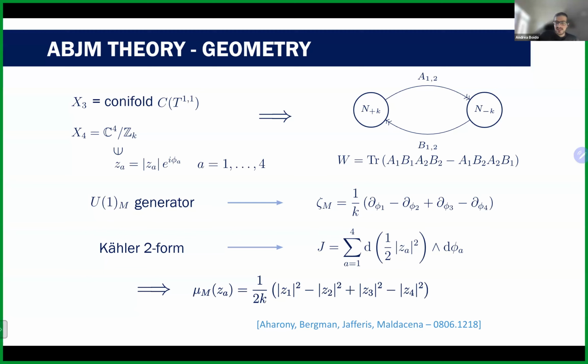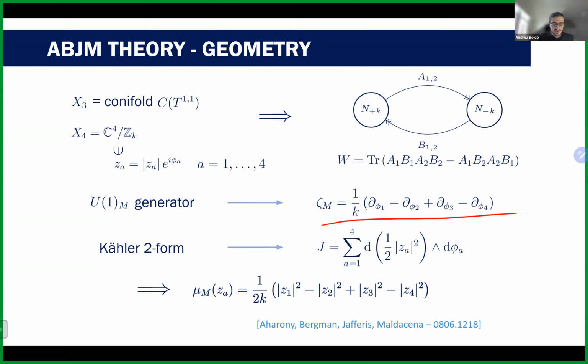Now, if you introduce the easiest coordinates you can on C^4, z_A, you can call them the modulus of z times some angular direction, with A going from 1 to 4, of course. Then the generator of the M-theory circle in this case is given by this vector that I wrote here.